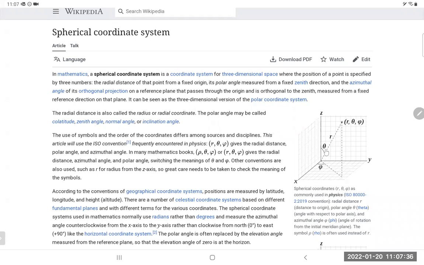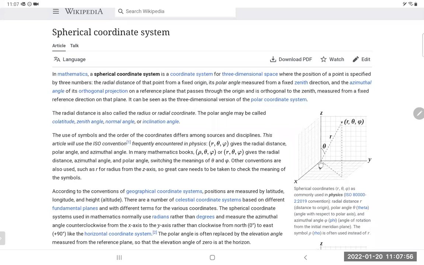And you can imagine that this length divided by this length will be the tangent of theta, and so on and so forth.